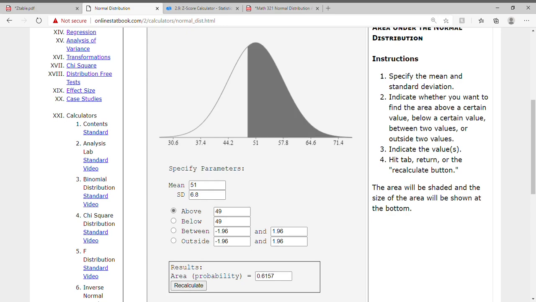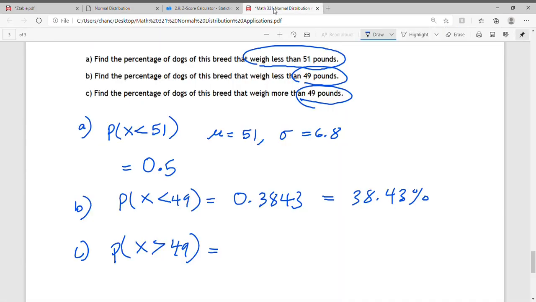Click recalculate, and you get 0.6157. So our solution is 0.6157, and that is equivalent to 61.57%. So we know 61.57% of this breed will weigh more than 49 pounds.